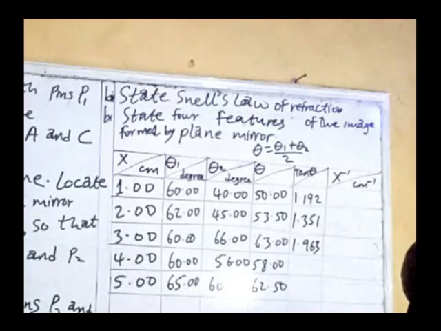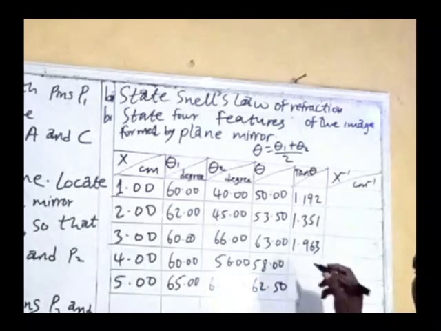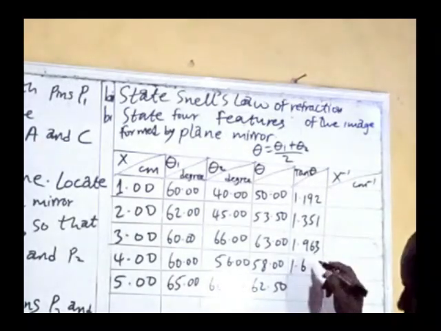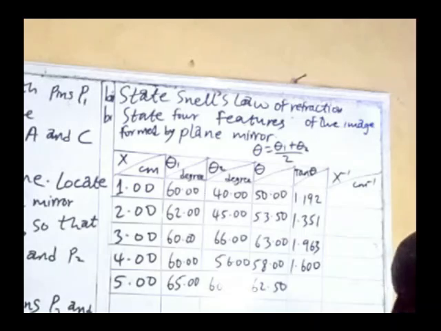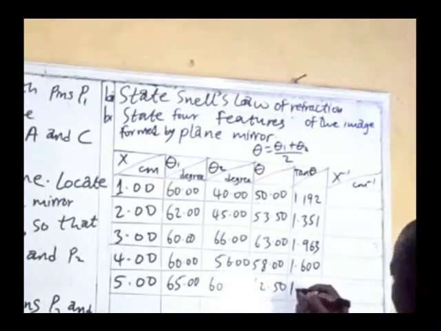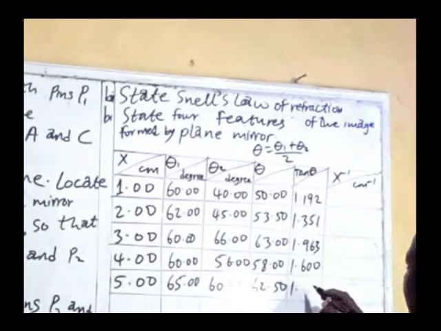Tan 58 is 1.600. Tan 62.5 is equal to 1.920.